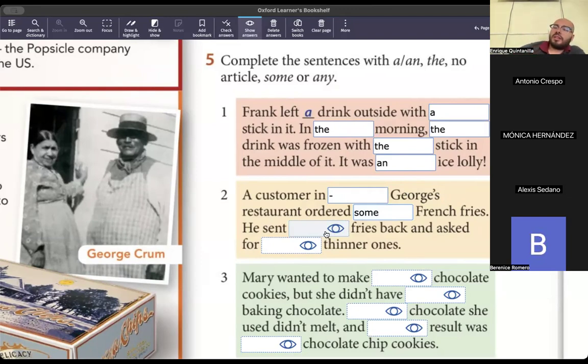He sent the fries back, you need an article here. Only Alexis is participating and the others. And he sent the fries back, and no article for thinner ones. Correct, Monica. Thank you very much.